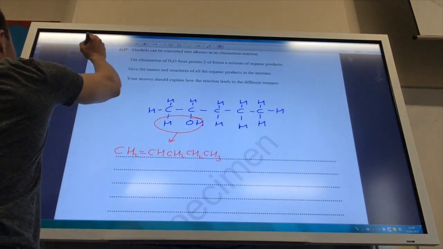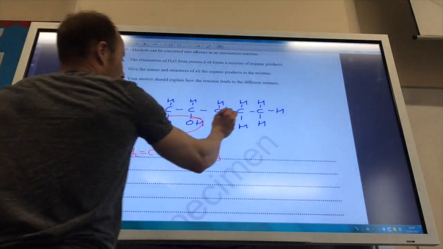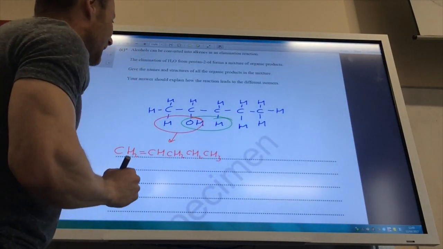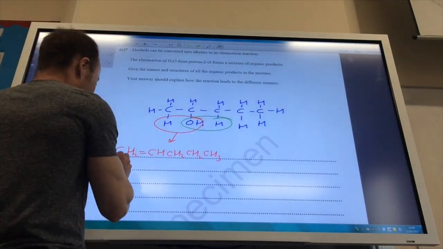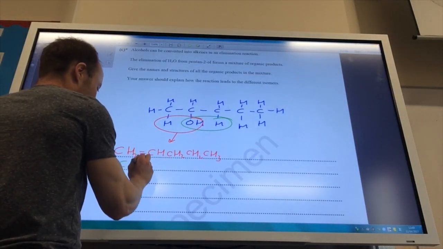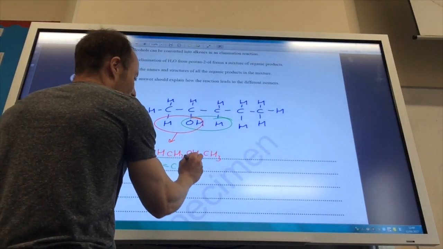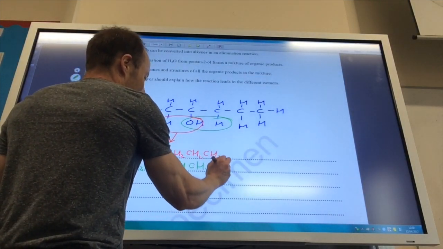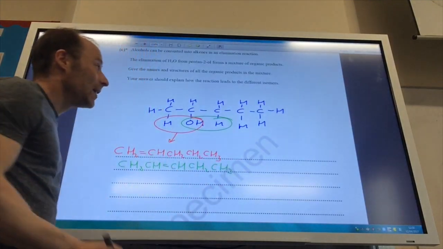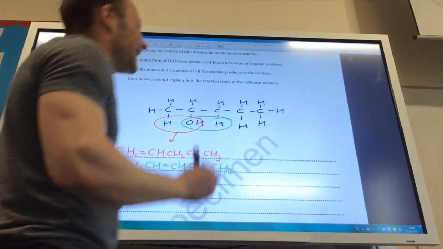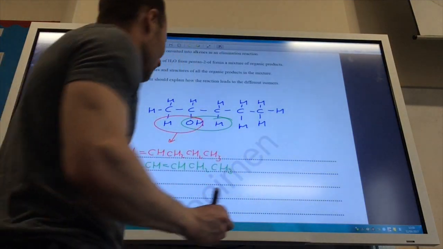However, if I eliminate those two neighbours, I'm going to make pent-2-ene. So I would make CH3-CH=CH-CH2-CH3. So pent-2-ene. But for pent-2-ene, I can make both the E and the Z isomer.